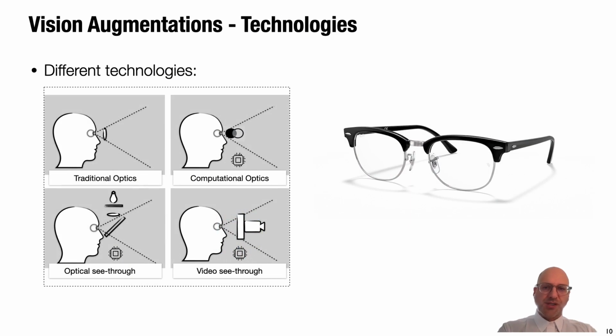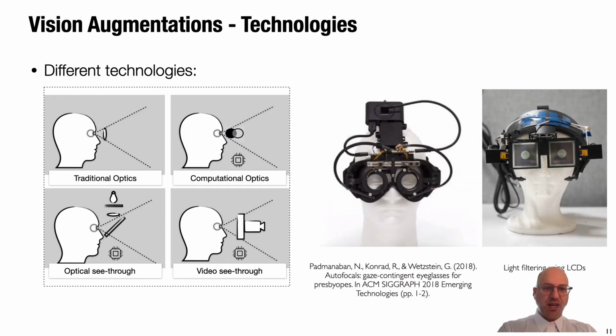All these approaches have in common that they use different forms of technologies. Of course, there are traditional optics. I already talked about that and most of us know them, but there's also the area of computational optics. So there are some computer-controlled optics, for example, focus tunable lenses, or these filters, as you can see on the right-hand side, that allow incoming light control on a per pixel level.